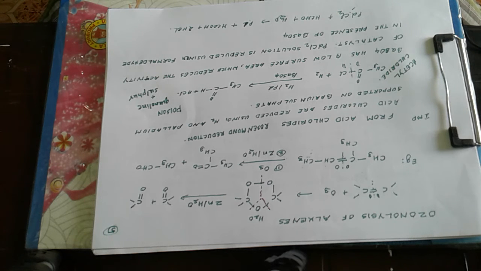So quinoline-sulfur may be added to reduce the catalytic activity so that the aldehyde is not further reduced. Now named reactions are important, so you have to study these reactions, and this reaction is very simple to understand. The only thing is that barium sulfate is acting as a poison to the catalyst palladium.